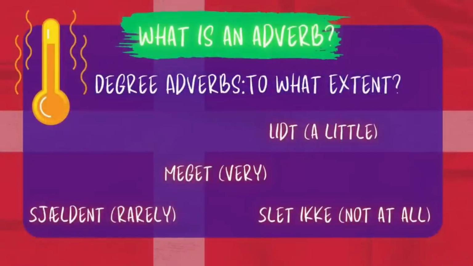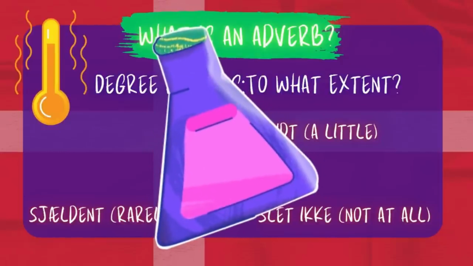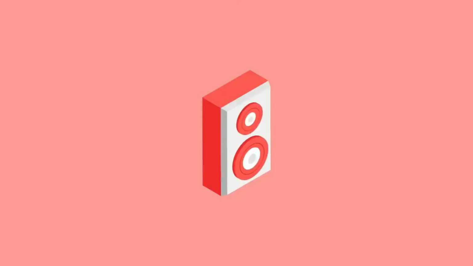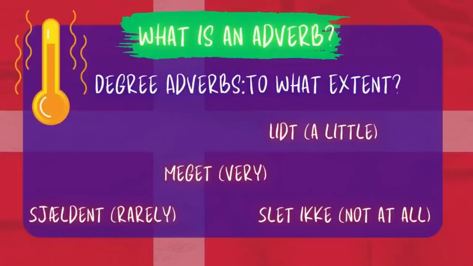And of course, the degree adverbs, the scientists of intensity. They measure to what extent an action occurs. Picture them as the volume control in your sentences. We have lidt, meget, sjældent, slet ikke. Which of these adverbs are degree adverbs? That is, to what extent?